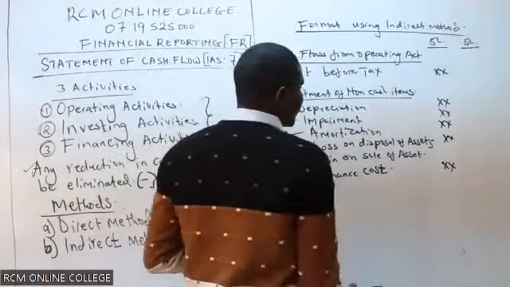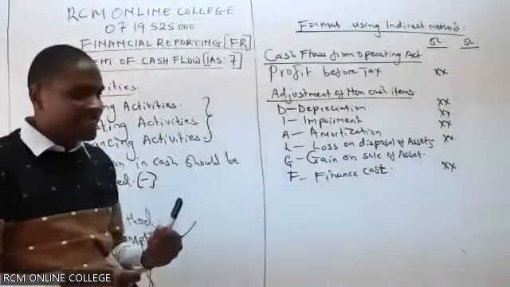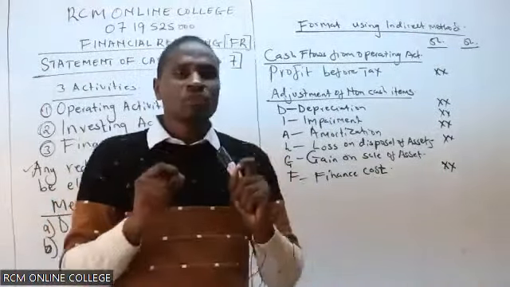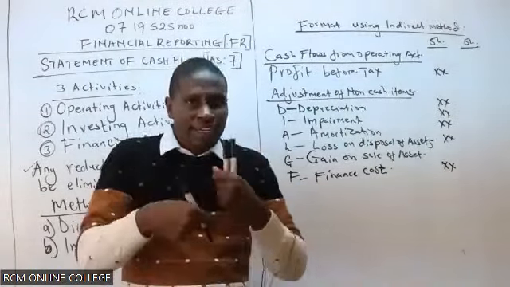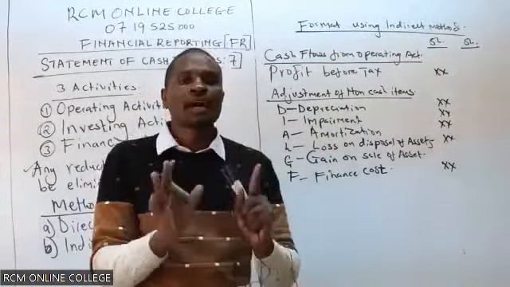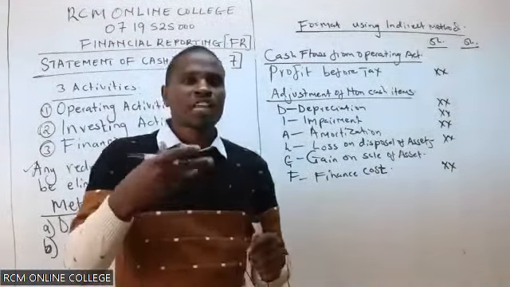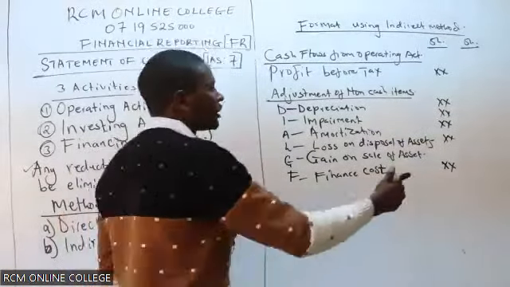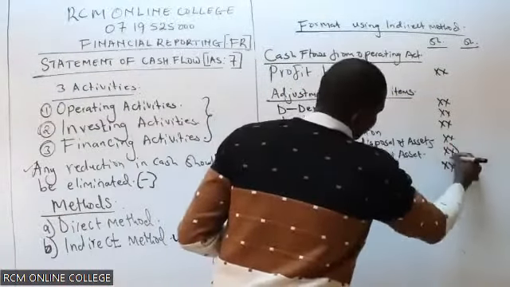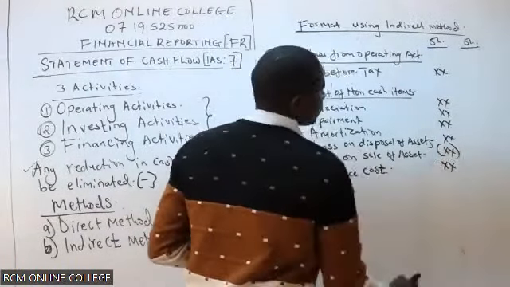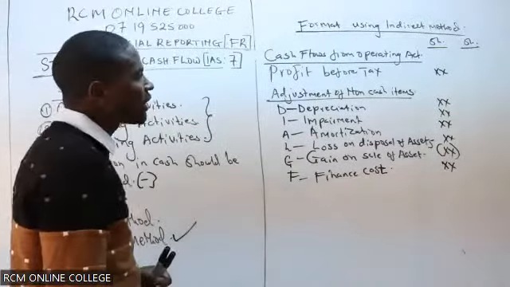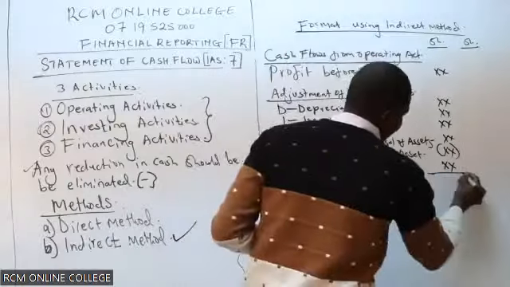What about gain on sale of asset? Remember, for the gain on sale of asset, we usually take it as income. So when it comes to cash flow, we shall be subtracting. And with that, we shall have adjusted the first part.